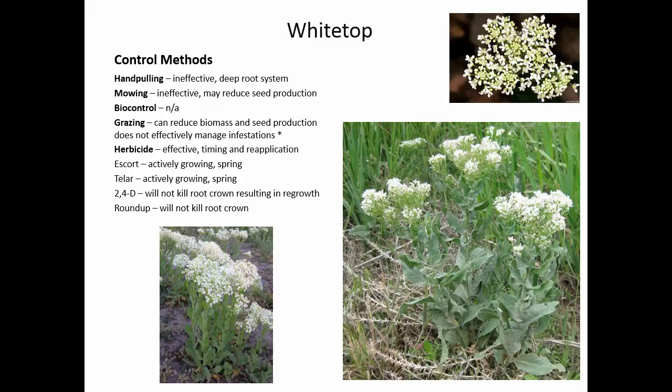Grazing, I think I put the asterisk there because I believe at some point it has toxicity at some level, which is listed in that handout I gave you. So grazing can be used, but only to a point. And herbicides can work, but when you treat this one, when it's blooming, is early spring. And what's happening with our weather in early spring? Rain. So this one's very hard to get at.